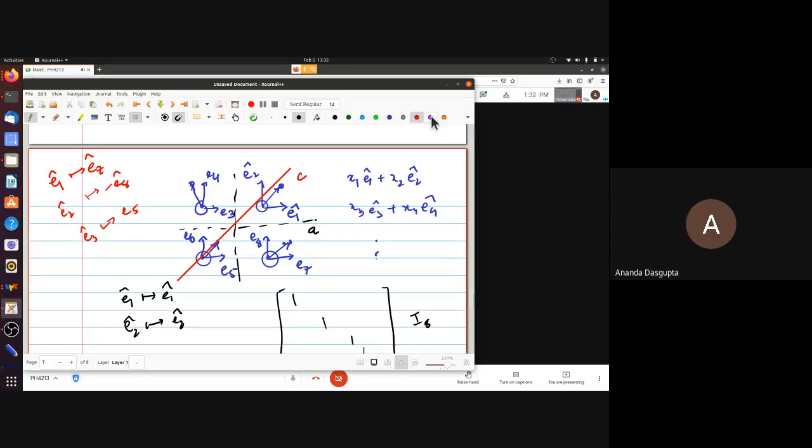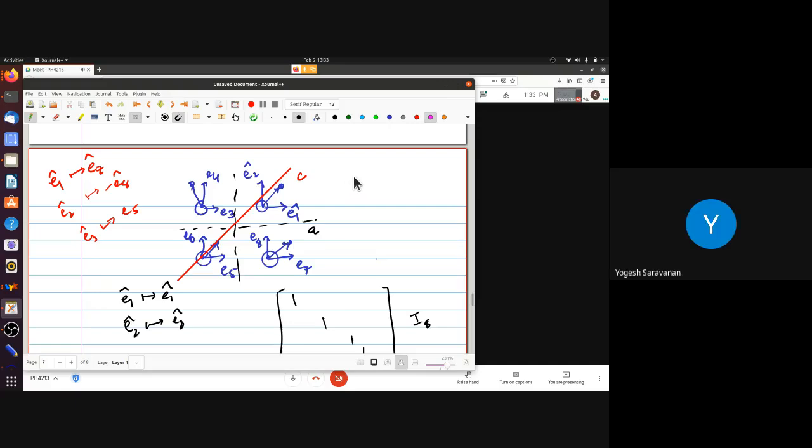Quick question. What is E1 under this? Sir, I think E1 will remain as E1. No, E1 will not remain E1. It will reflect in this diagonal.